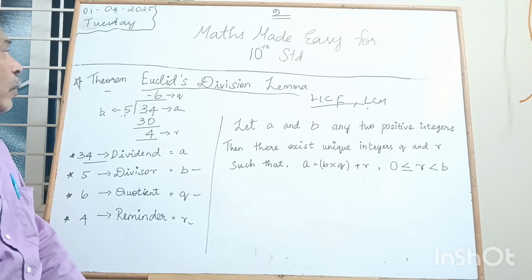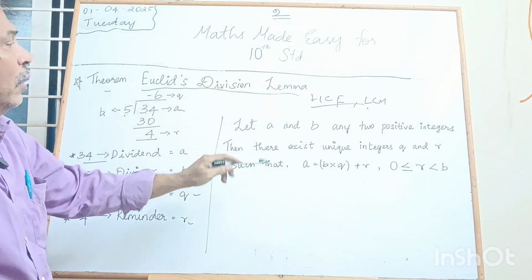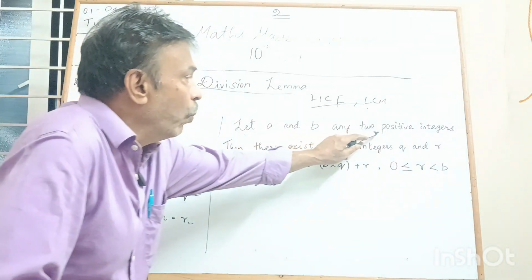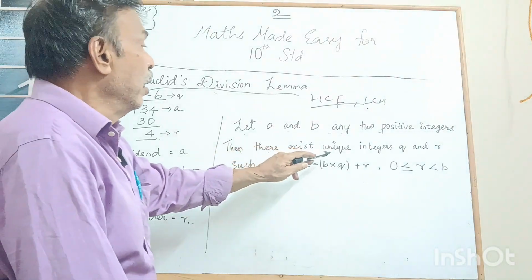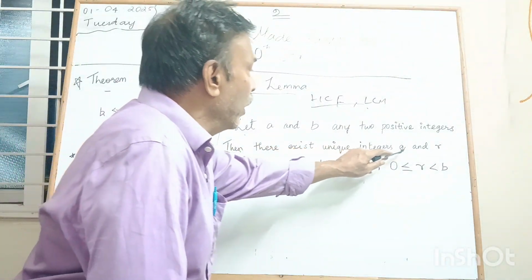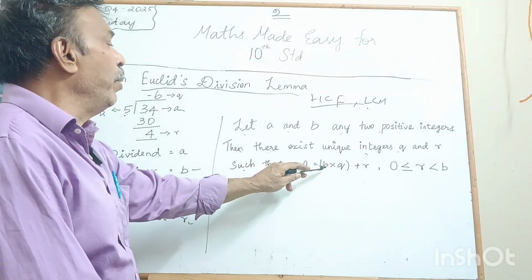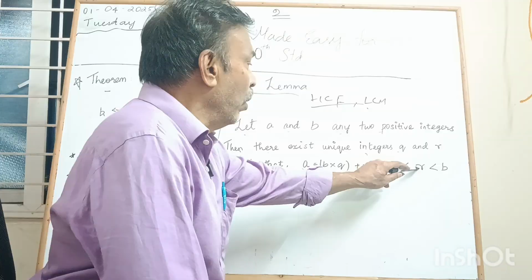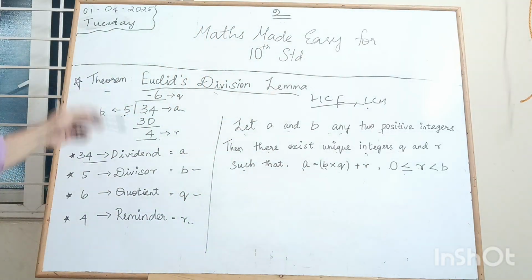Okay, now Euclid's division lemma says: let A and B be any two positive integers, then there exist unique integers Q and R such that A equals B into Q plus R, where 0 is less than or equal to R is less than B. What does it mean? Now we will come to this point.